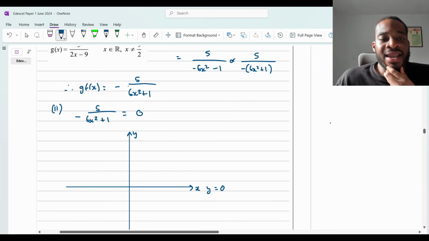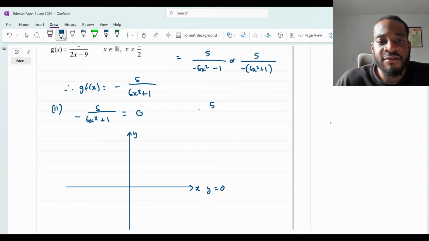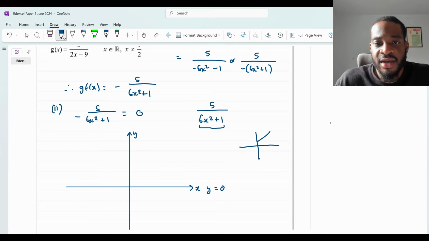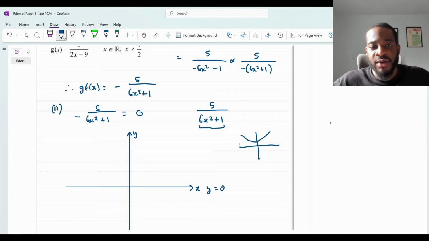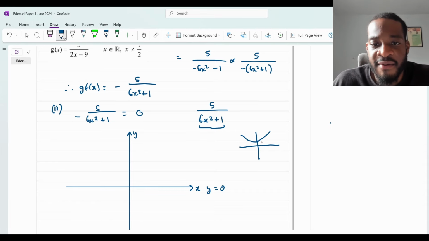Now, let's actually sketch the graph. I'm going to ignore the minus at the front for now and just sketch 5 over 6x squared plus 1. I know there's an asymptote on the x-axis. What does this look like though? If you just inspect the denominator only, that is 6x squared plus 1. That's easy. That's a quadratic. It looks like that. Starts at 0, but the plus 1 means it goes up. So the minimum value is 1.